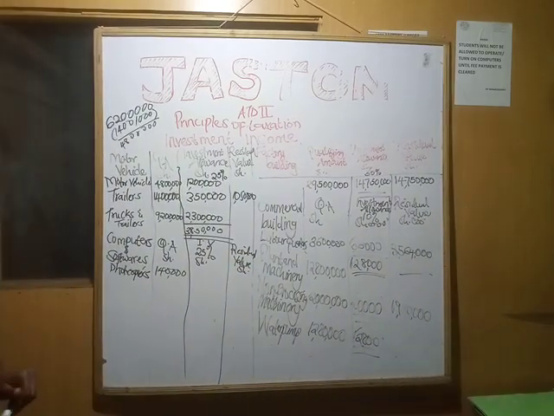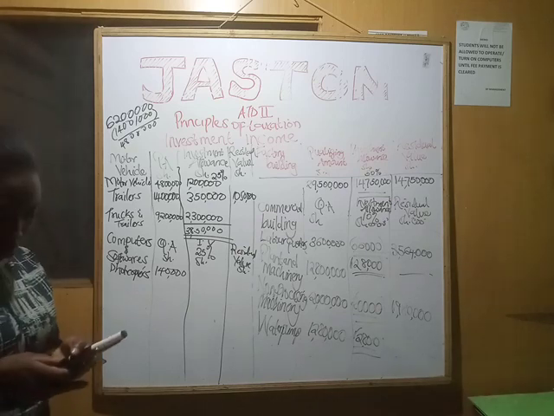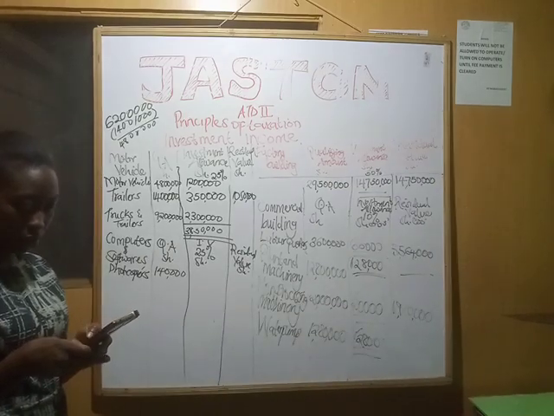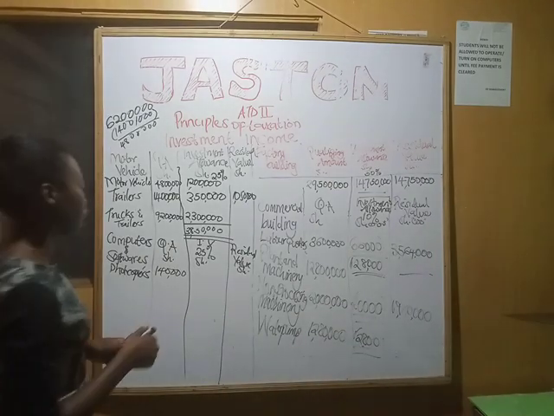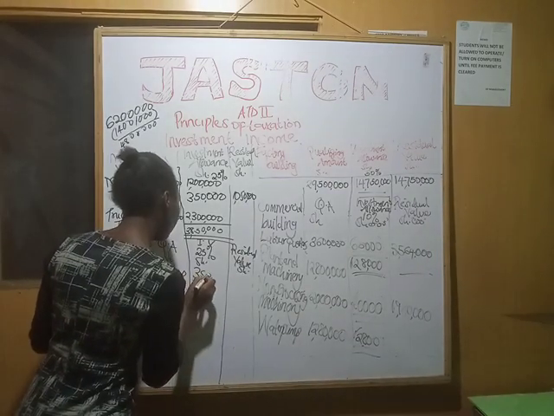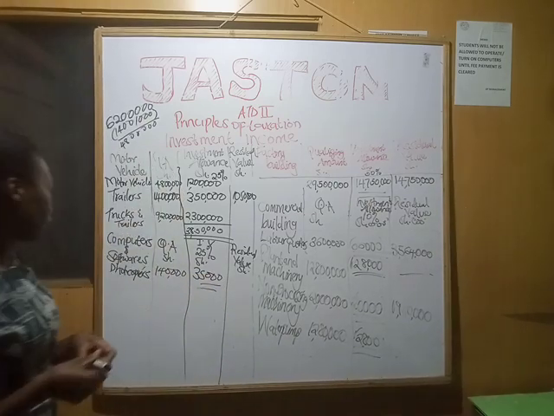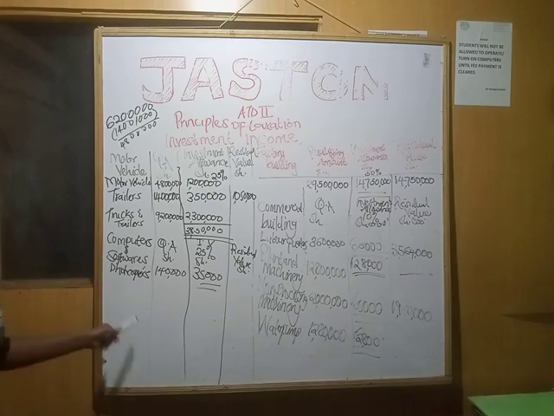So 25% of 140,000, our answer is 35,000. This is our investment allowance on software.